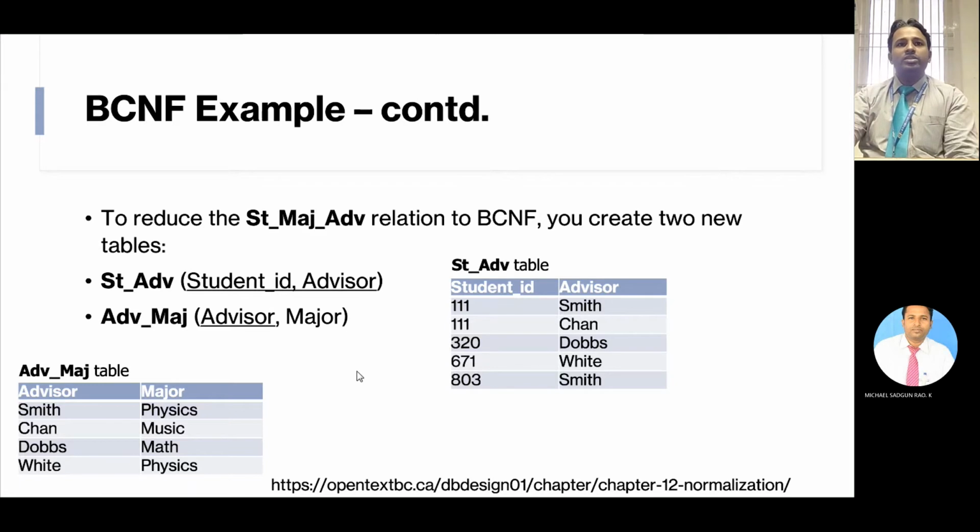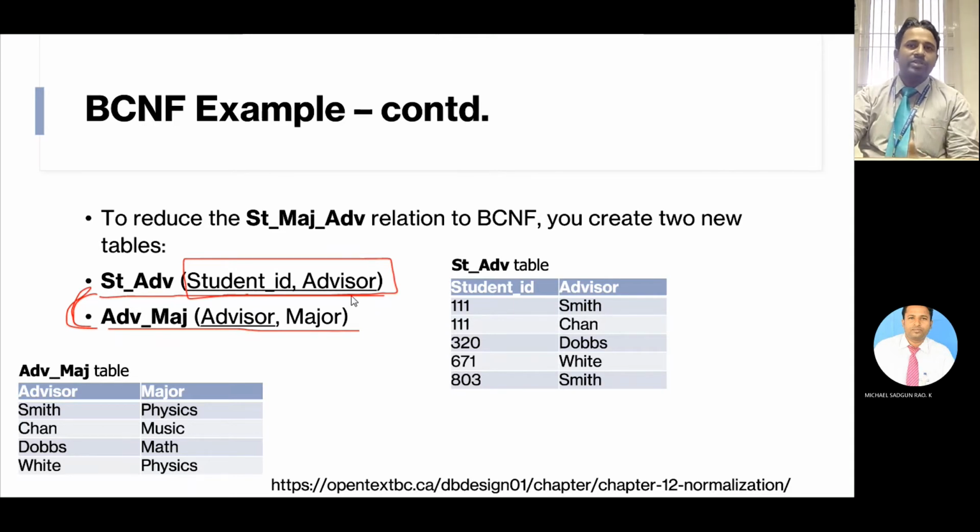So we can divide the table into two different relations. One is student and advisor, another is advisor and major. In student advisor, student ID and advisor together are the primary key, because we can identify a row only with these two, not with only advisor or only student ID.